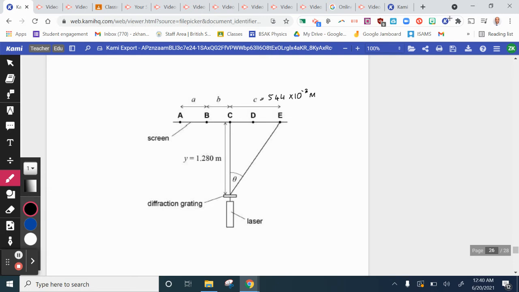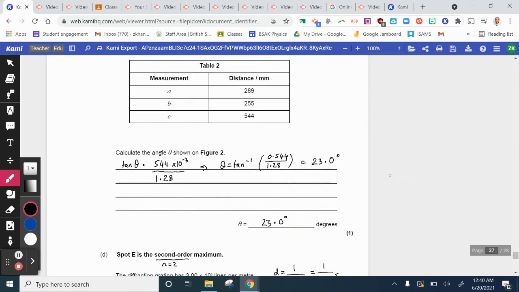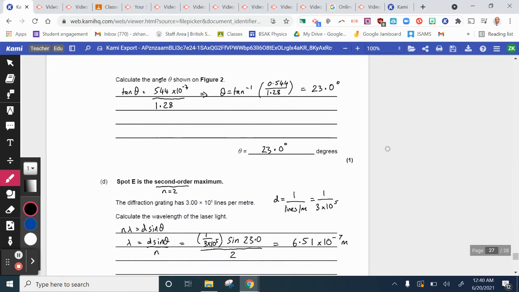We know the angle of the second order, as we've just calculated, 23 degrees. So we've got the angle, we've got n. We need to find d, the distance between two consecutive slits. And that's not given to us, but we can calculate that. If we know there are 3 times 10 to the 5 slits per meter, then we can find the distance between two consecutive slits.